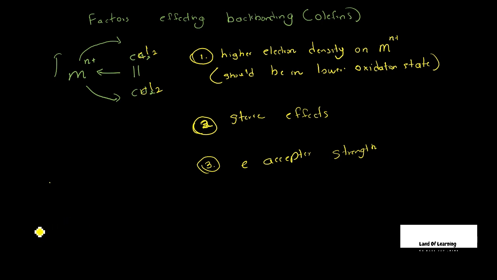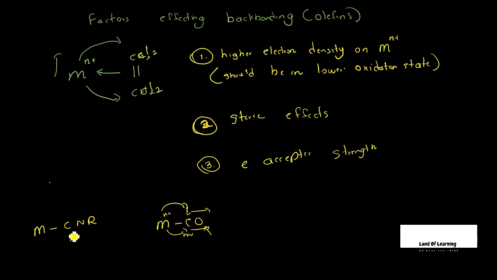If I take two ligands, let's say carbon nitrogen R and carbon monoxide, in carbon monoxide, the carbon has higher electron acceptancy than this carbon. Why? Because there is an oxygen over here. Oxygen will pull electron density from the carbon, which makes the carbon electropositive. So there is an obvious way for our metal center to donate its electrons towards the carbon, because there is an electropositive character in our carbon.